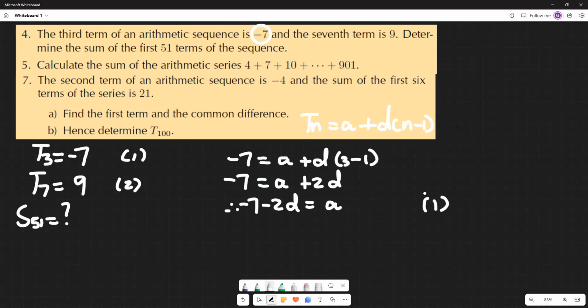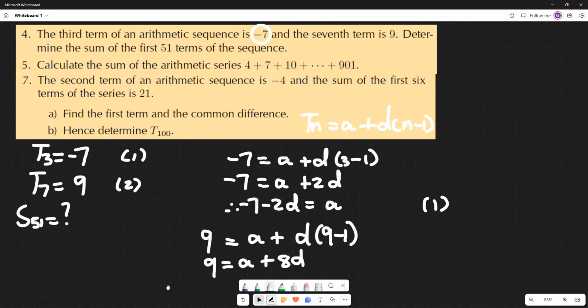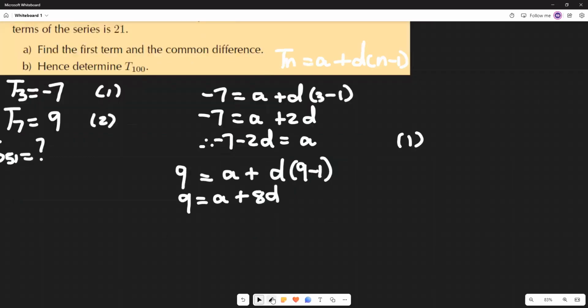All right. Now we're going to do the same with 9. So I know that 9 is the same as A plus D times 9 minus 1, which becomes 9 equals A plus 8D. I can see that this A, I can replace it with that.